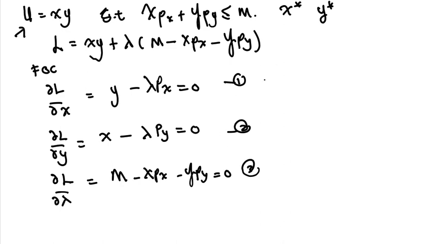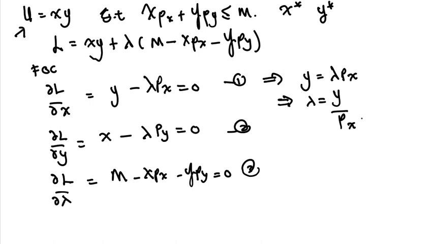Now, if you have 1 here, we can rewrite it this way: y equals lambda px, and from here we have lambda equals y over px.